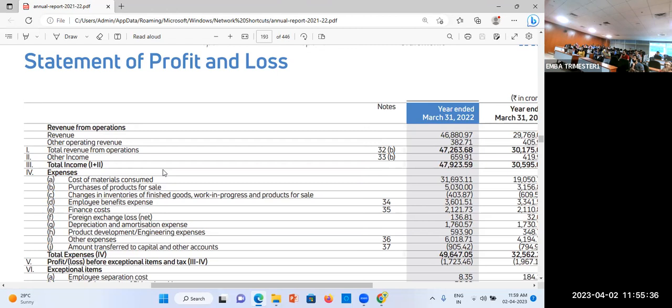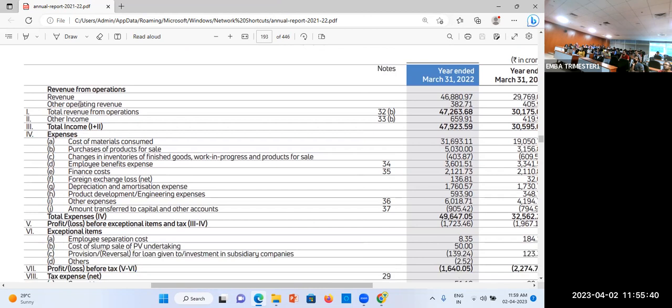The first starting point is income from operation, or revenue from operation. All of you write down in the notebook: Statement of profit and loss of Tata Motors or any other company name for the year ended.